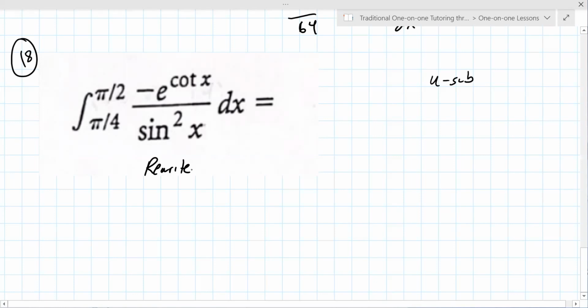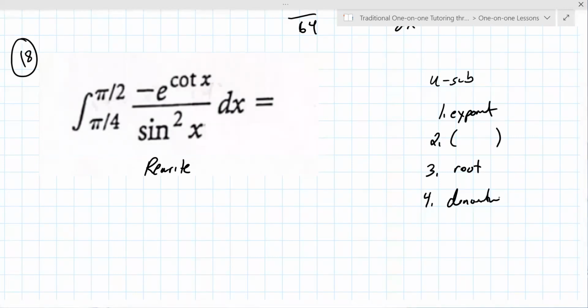So is the u typically like the exponent or the thing on the bottom? I just forget. Exponent, parentheses, the root, under the root, the denominator, lots of things that it could be. Okay. It's trial and error, guess and check.